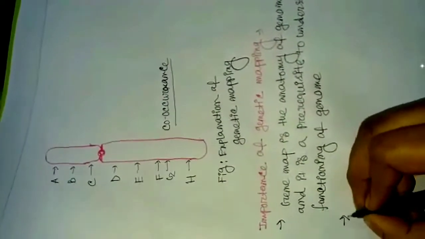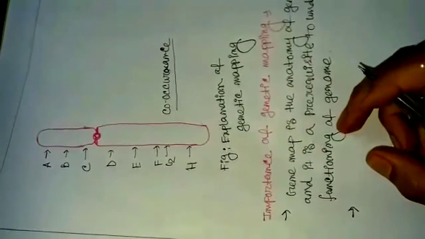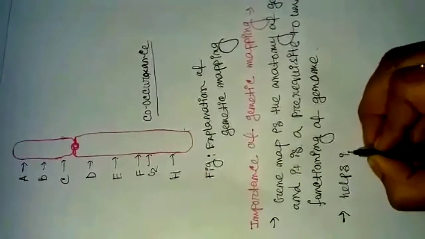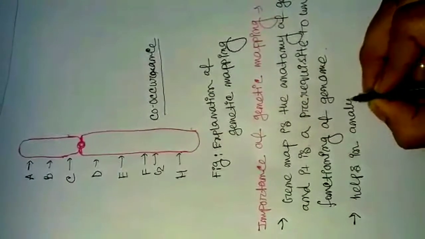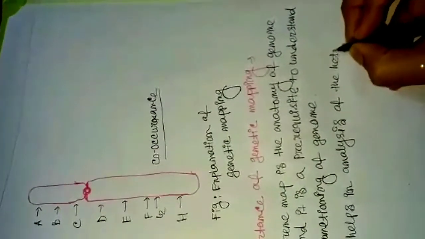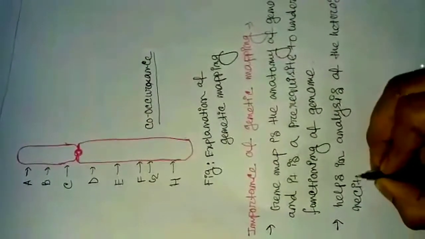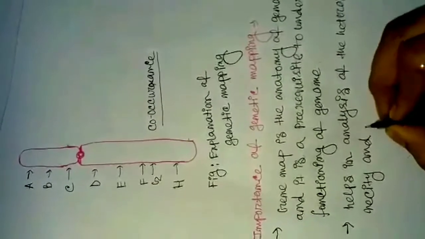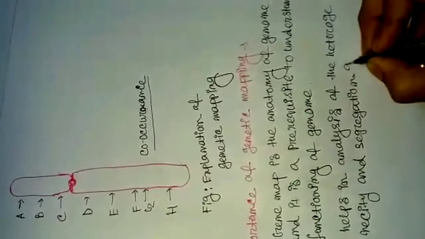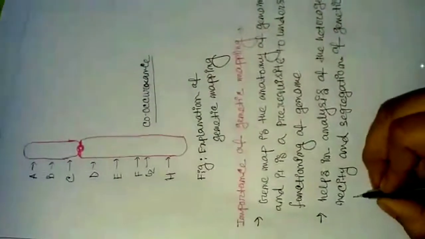Now the second point. Second point is it helps in the analysis of the heterogeneity and segregation of the genetic disease. So it helps in analysis of the heterogeneity and segregation of genetic disease.